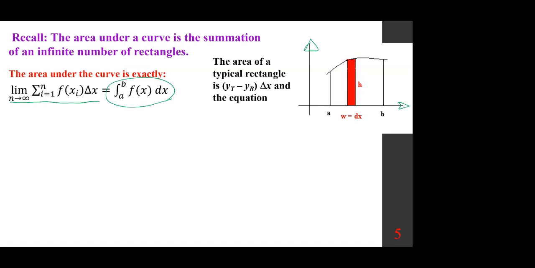If the bottom function is not the x-axis, it would be y of the top, T stands for the top, minus y of the bottom. So that's the height, everybody, this height. What is the width? dx in this case. And we are sweeping this rectangular strip across the x-axis, from a to b.